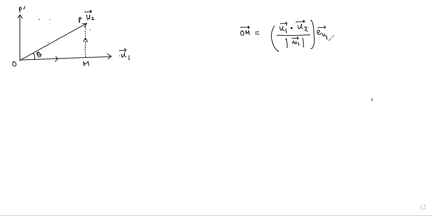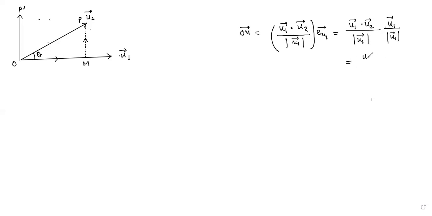In the previous session, I didn't mention, I wrote EU1 because it is the unit vector along the direction of U1. So we can write it as U1 dot U2 divided by mod of U1, and this is U1 vector divided by mod of U1 vector.